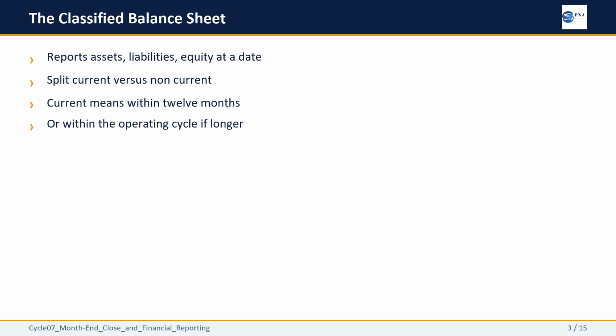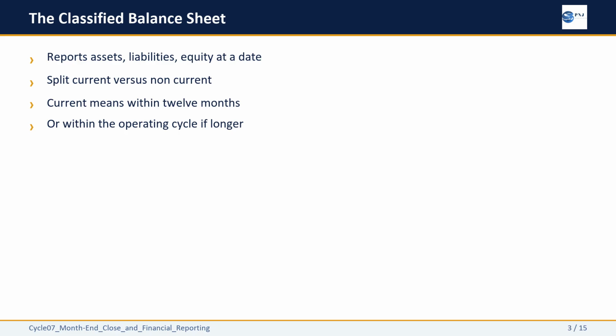Why do we bother separating current from non-current items at all? Because readers need to judge whether you can pay your bills as they come due. The balance sheet, also called the statement of financial position, reports your assets, liabilities, and stockholders' equity at a single point in time. Under ASC 210, the classified format splits assets and liabilities into current and non-current categories.